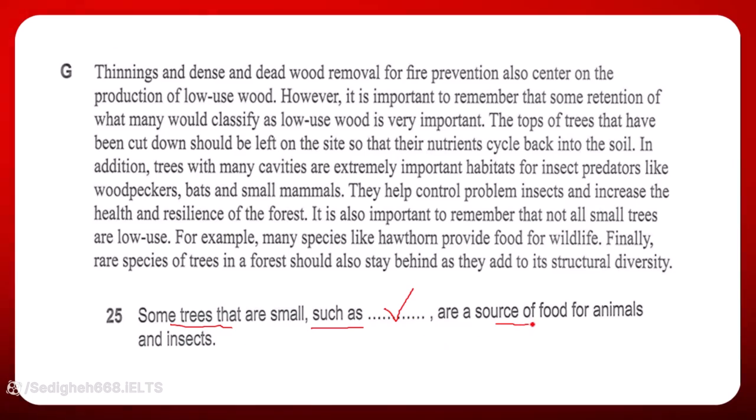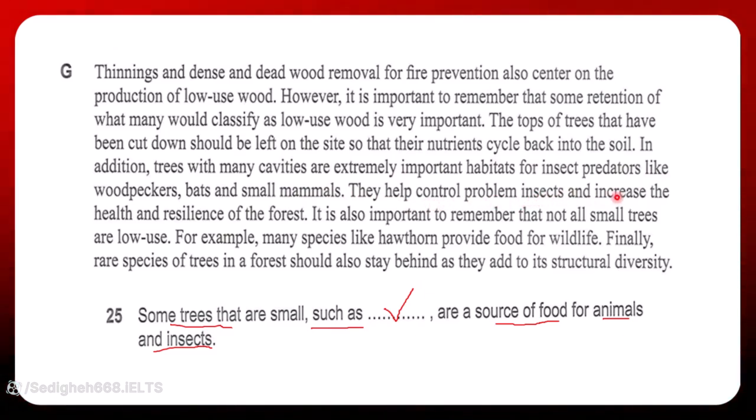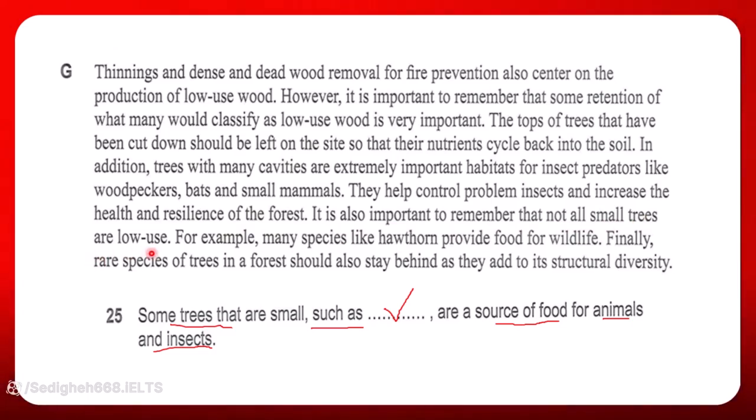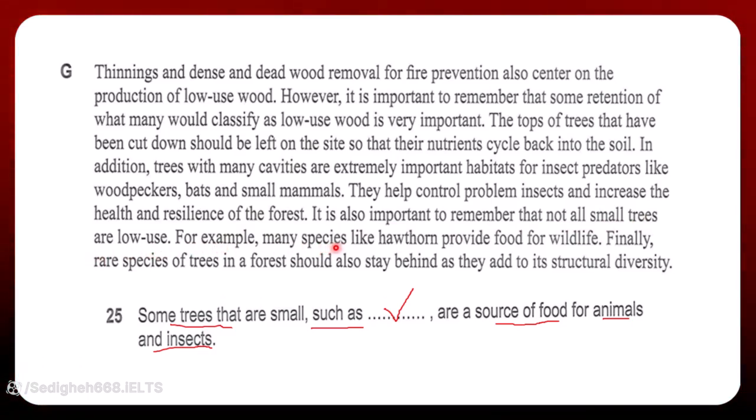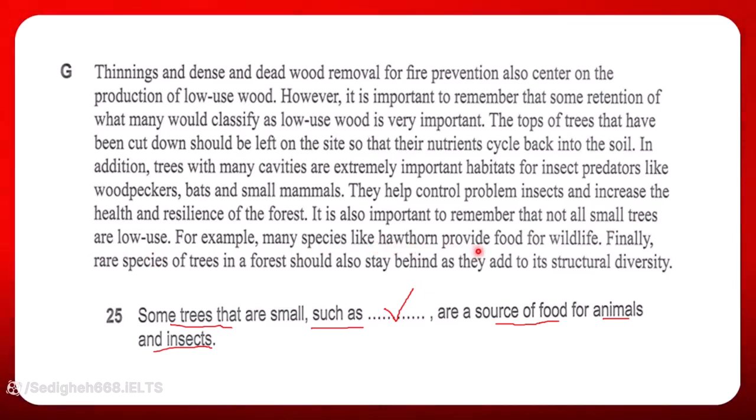Are a source of food for animals and insects. They are just keywords. To find the answer to this question, we start reading the text. We start from here. They help control problem insects and increase the health and resilience of the forest. It is also important to remember that not all small trees are low use. For example, many species like hawthorns provide food for wildlife.